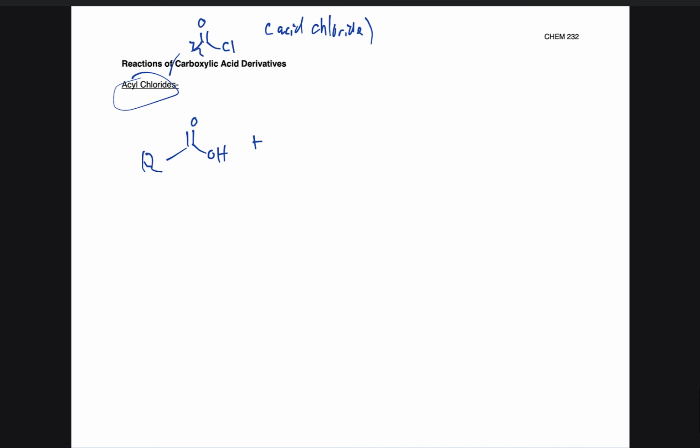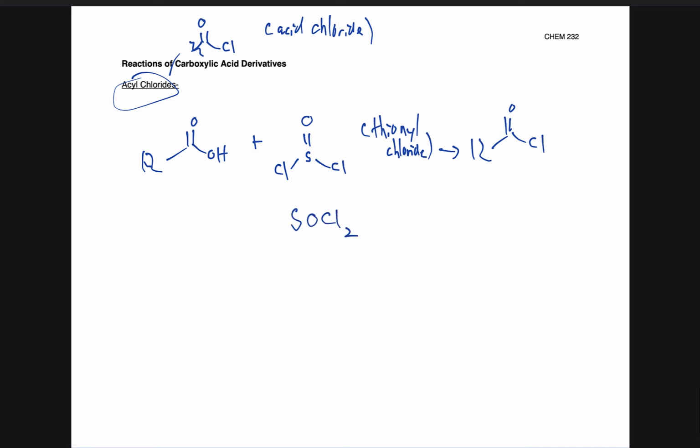And then we can react it with something called thionyl chloride, which is this interesting looking group here. Essentially all this does is supply the carboxylic acid with a chlorine to make our acyl chloride. And sometimes thionyl chloride is abbreviated as SOCl2, so you'll see it written like this pretty often.